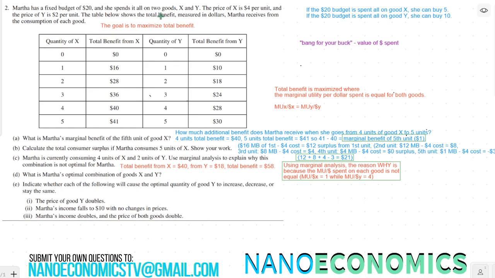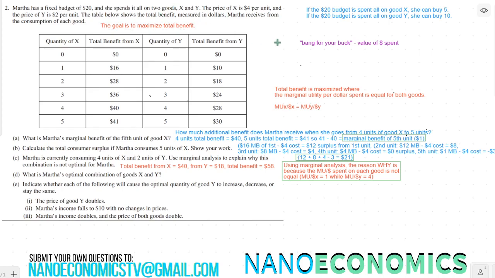Sometimes it'll be leisure goods and all other goods, or necessities and all other goods. And that way you're looking at that trade-off. But again, the real world is much more complicated. So when we look at these examples, we're going to assume we always spend all of our money, and that we only are looking at these 2 goods.